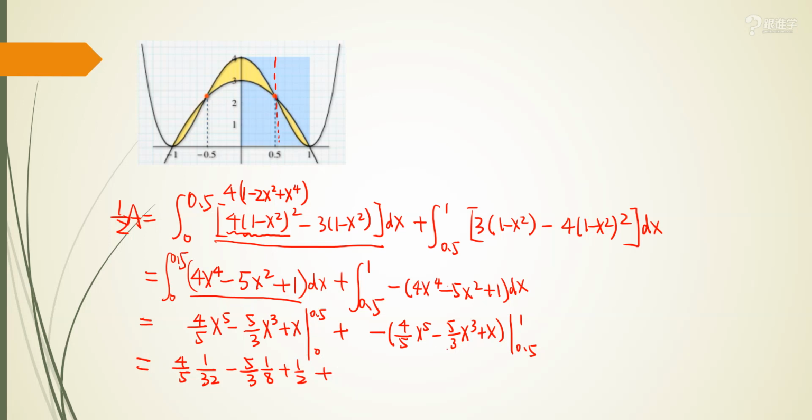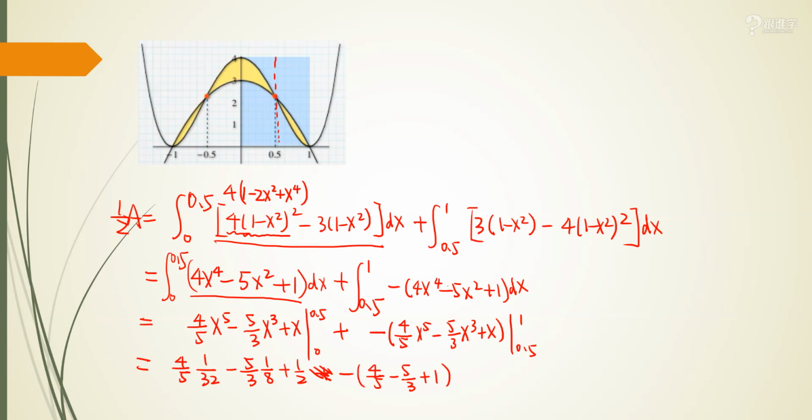The value at 1 is going to be negative 4/5 minus 5/3 plus 1. Okay, we can cancel this plus here.